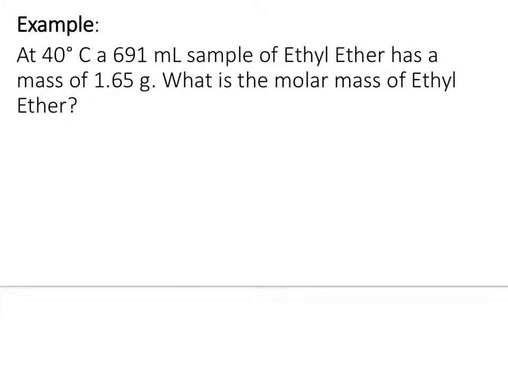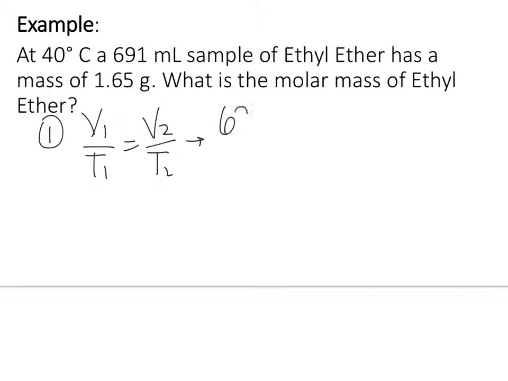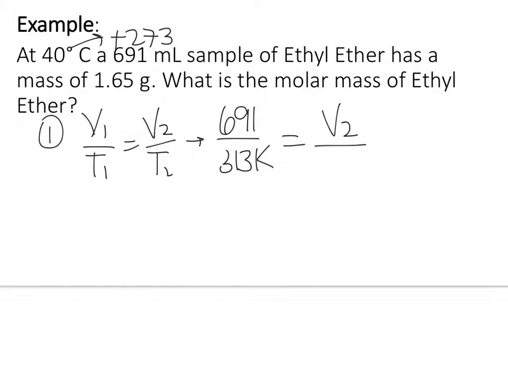Okay, welcome back. So, step 1 is we need to find our volume. Okay, that is going to be using Charles's law. V1 over T1 equals V2 over T2. Okay, that says it's 691 over 313 Kelvin. By the way, I got that from 40 plus 273 equals our new volume divided by 273 Kelvin, since we're going to STP.